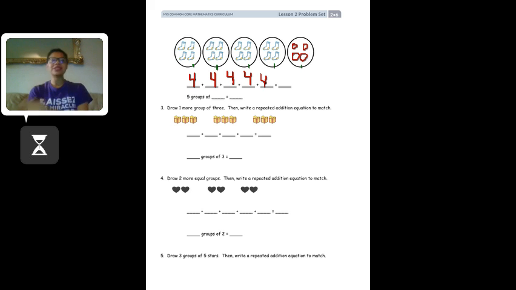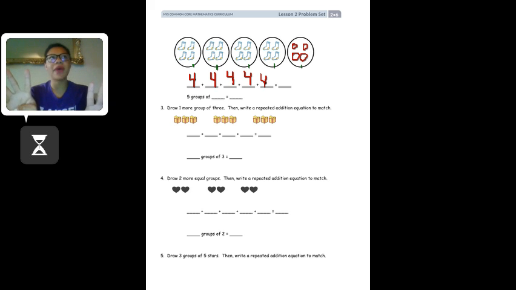Now, it's time for us to finish the question when it told us we have to find the repeated addition equation. So I know I'm going to have to add all of my 4s up to find the total amount of socks that we have in all. So let's see. I'm going to do 4 plus 4 is 8.